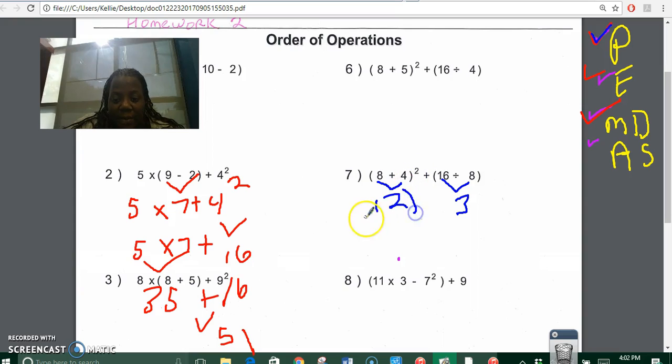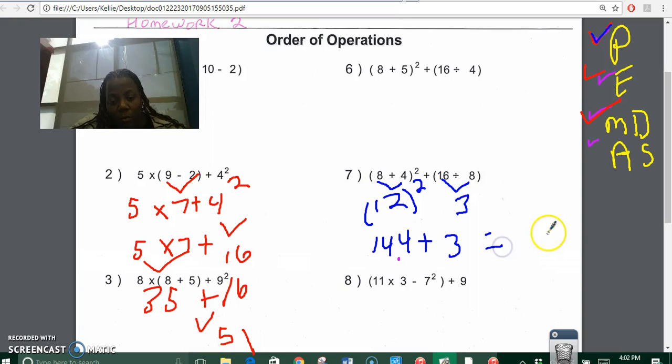But you have an exponent on this one. So what is this saying? Not 12 times 2, but 12 times 12, which should give us 144. So this is really 144 plus 3, which is 147.